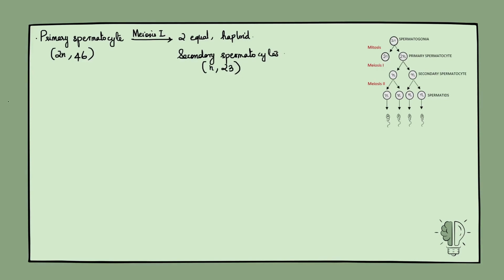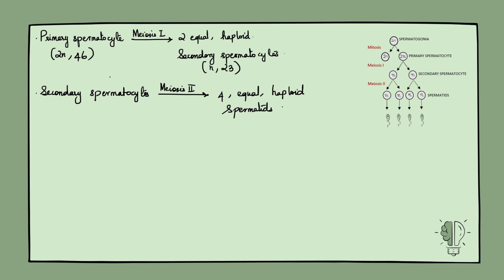Then the secondary spermatocytes undergo the second meiotic division to form four equal haploid cells, which are called spermatids.